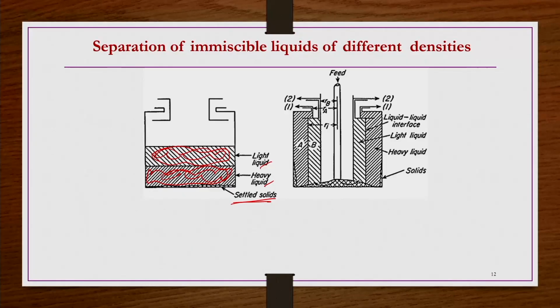But if you take a centrifugal bowl, and in that you take these immiscible liquids and rotate that centrifugal bowl at high speeds, then what happens is the heavier liquid will be thrown towards the wall and form a layer A, like shown here, and next to that the lighter liquid, shown as zone B, will be attached very next to this heavier liquid.